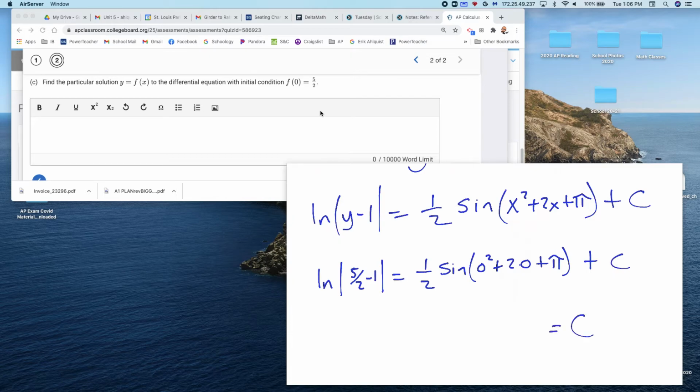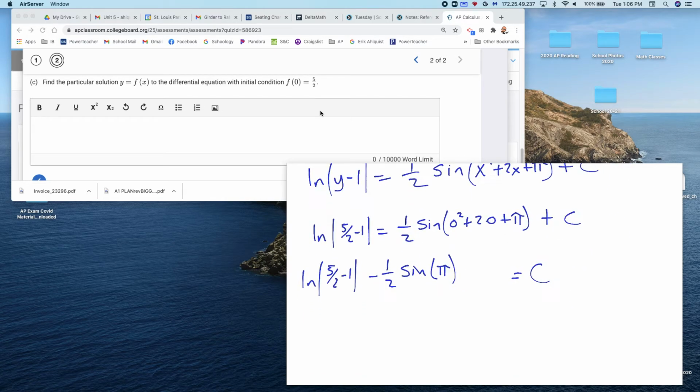So c is equal to the natural log of 5/2 minus 1 minus 1/2. I will simplify this because I can do that much. But that's my constant. I'm going to leave that as my constant.